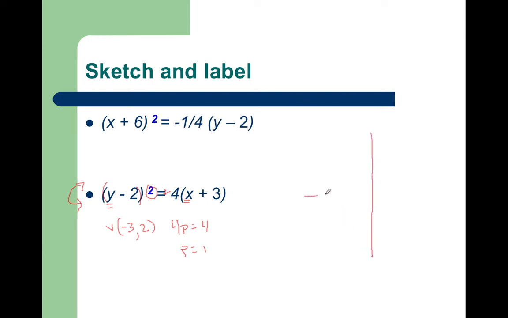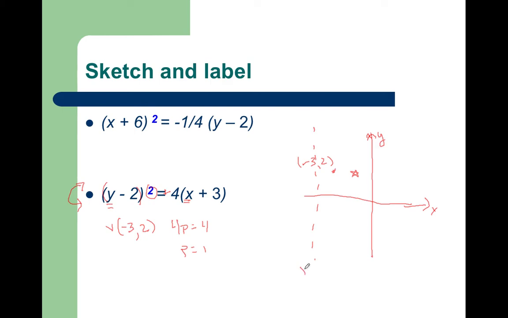So let's graph this one. -3, 2. This opens to the right, so my focal point is here, and my directrix is behind it.